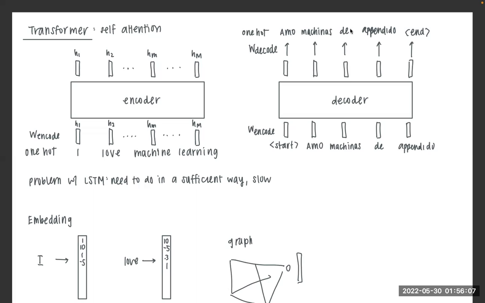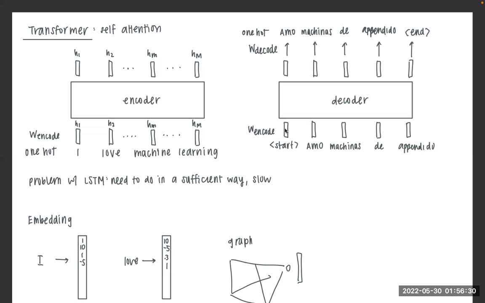And then you generate the next, and then "aprendido", and then end of sentence. Until you generate end of sentence, you stop. So the decoder part is still like an autoregressive model. You generate one word at a time sequentially, so that each word is generated based on the previous word.